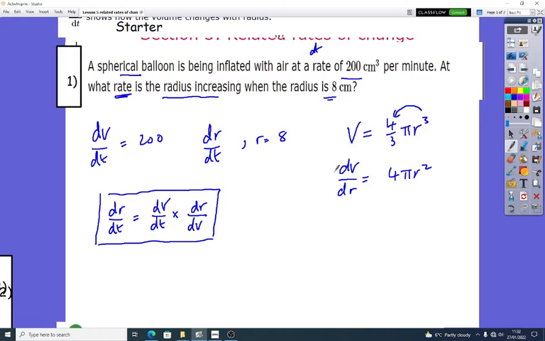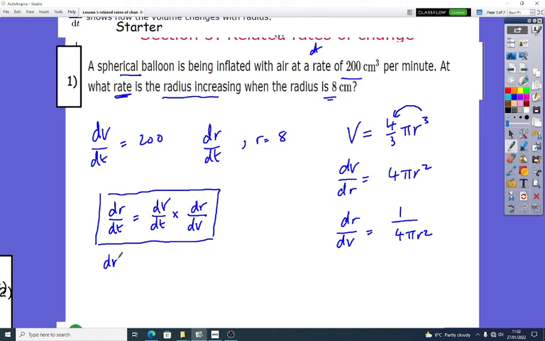So now I want dr/dV. What you can simply do is, rather than rearranging it, take the reciprocal. So dr/dV will be just 1 over 4 pi r squared. Now, it wants to know what is the rate of increase at the point when the radius is 8.